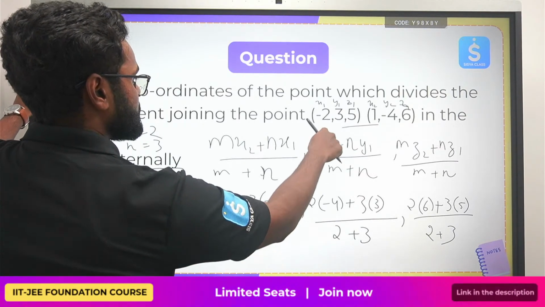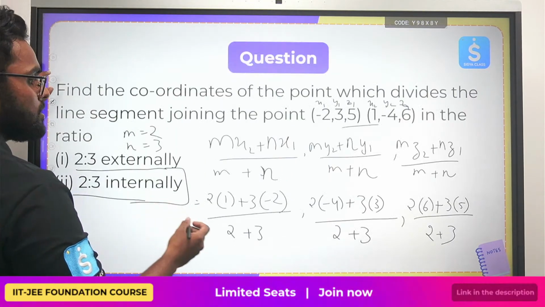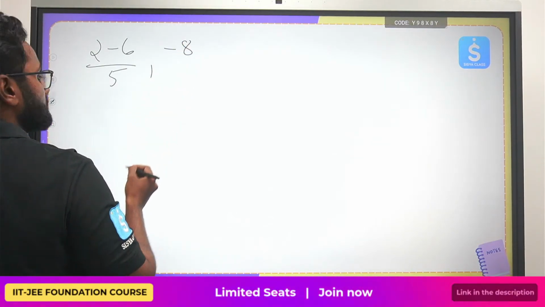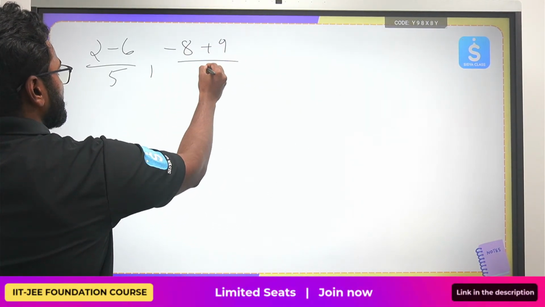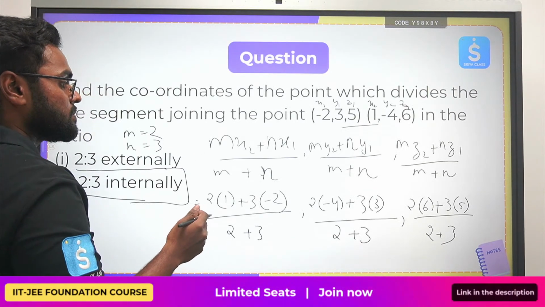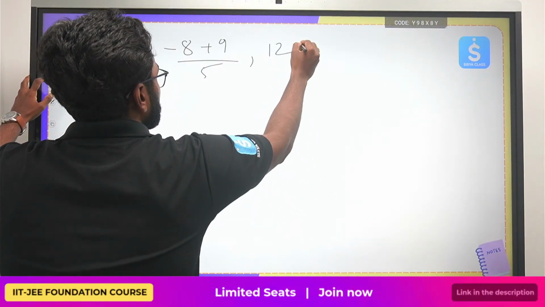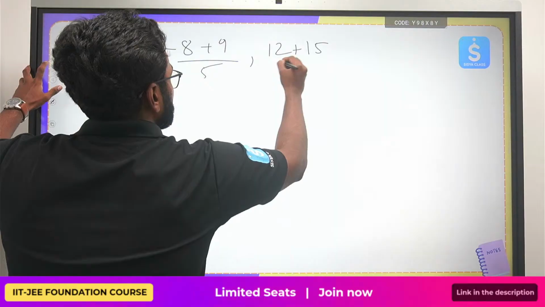Let us check. 2 minus 6 by 5, comma minus 8 plus 9 by 5, comma 6 into 2 is 12 plus 15 by 5.